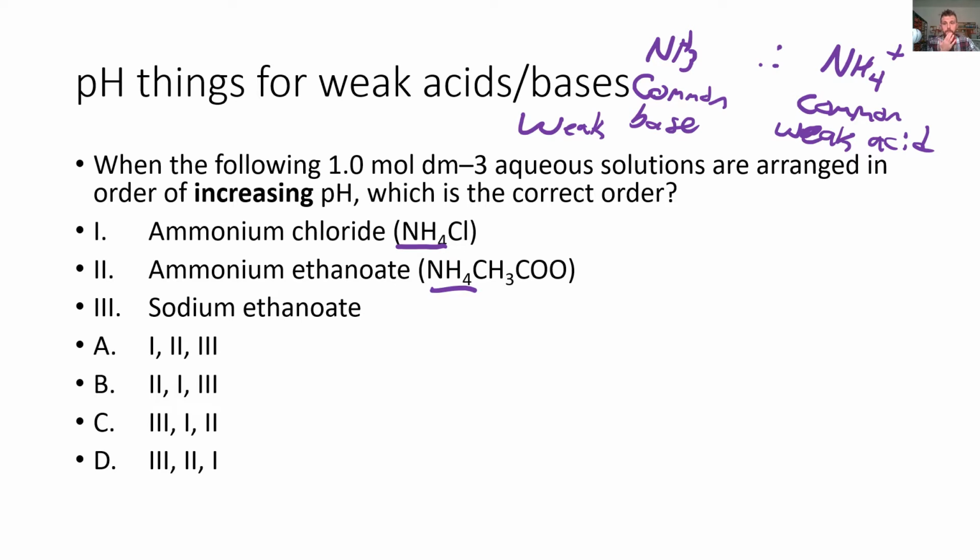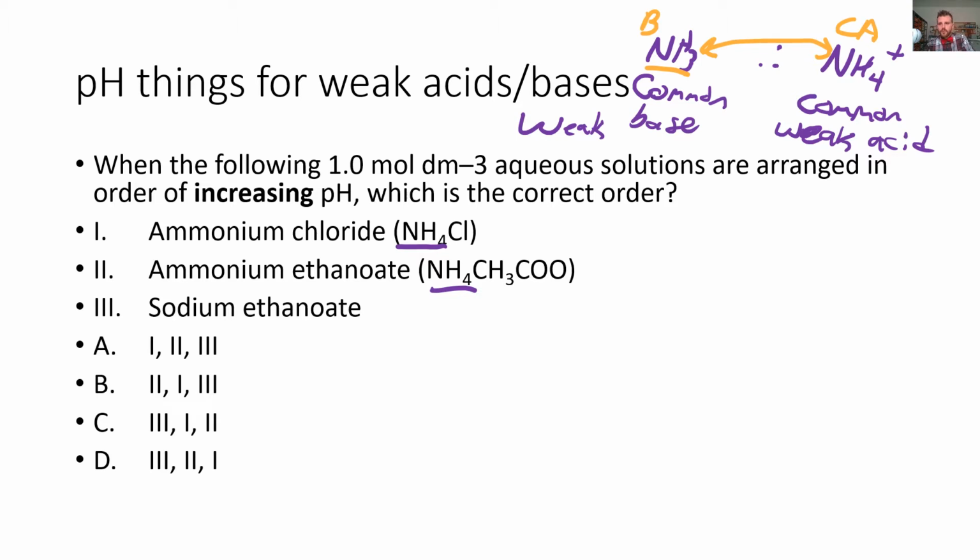So what that means is if we have a solution of just NH4 plus, it's going to have a pH lower than 7 because it is an acid. It's just going to be weak because it's a conjugate acid of this base. So these guys go back and forth. This is the base. This is the conjugate acid. Since it is a conjugate acid, then it's going to be acidic, hence the name acid.